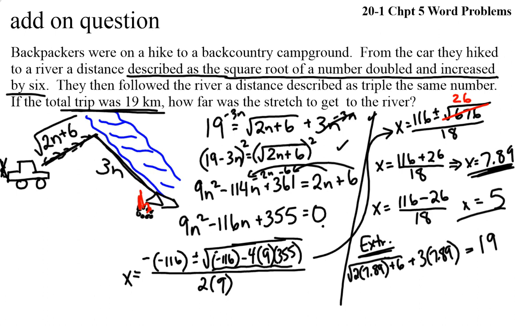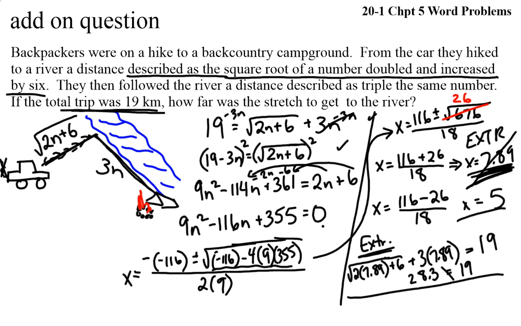Well, when I do the calculation using x equal to 7.89, we get 28.3 equal to 19. That's not true. So 7.89 is an extraneous answer.